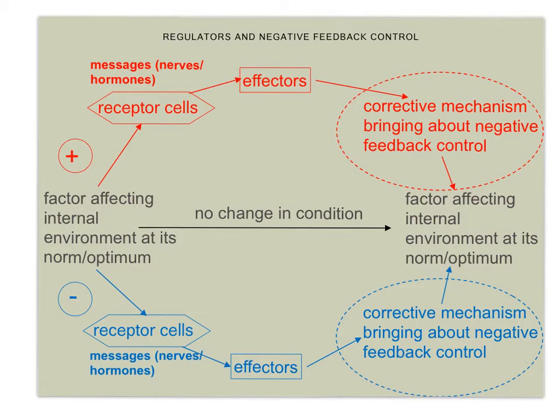Now, negative feedback control, what we're talking about here is that when some factor affecting the body's internal environment changes or deviates from the normal optimum level, or what we would call the norm or the set point, then either positively or negatively, that sends out messages via the nerves and or hormonal messages, and these messages get sent out in turn to effectors, and those effectors could be a gland or they could be muscles, something like that.